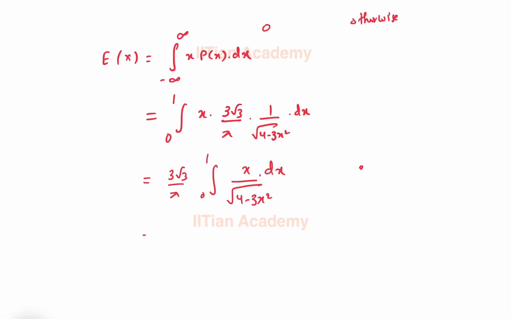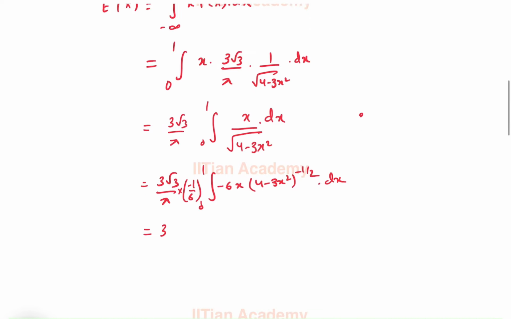Now, we can use a simple substitution here, or if we can understand, we can also simplify it like this: 0 to 1, this will be 4 minus 3x square raised to the power minus half, and already we have x here, so what we can do is write a minus 6 here and also write minus 1 by 6 into dx.